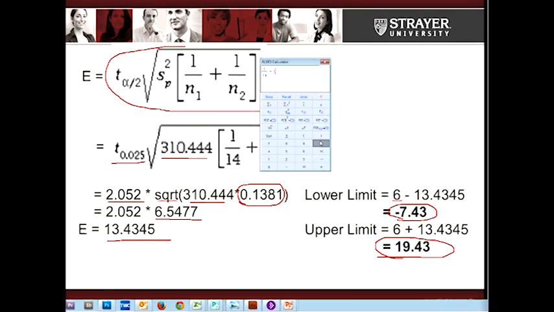And now plus, and then do 1 divided by 15. So now I have the two fractions being added as whole fractions. And when I add that, I get 0.13809. Questions?